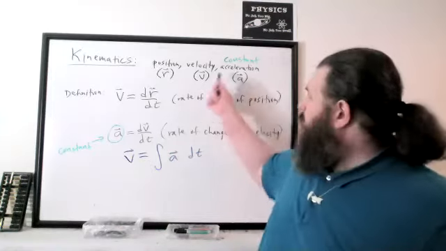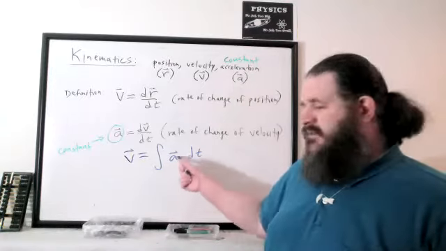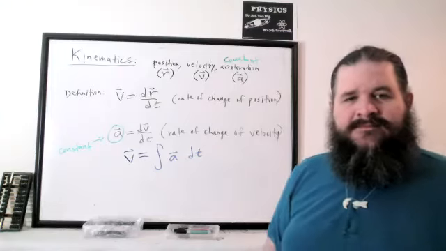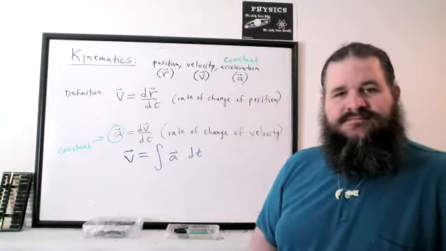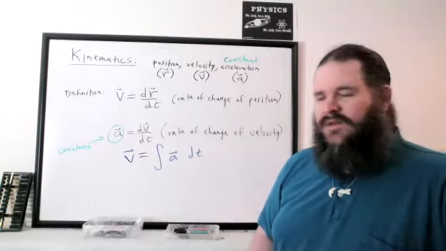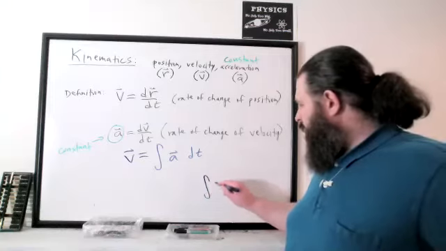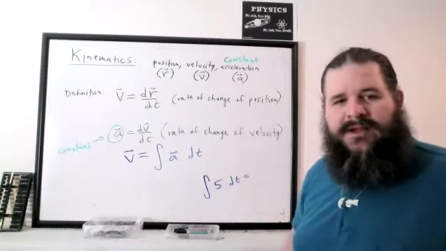But we're assuming acceleration is constant, which makes the mathematics here much easier. What's the integral of a constant? Like, for instance, if you were just integrating 5 dt, what would the result be?